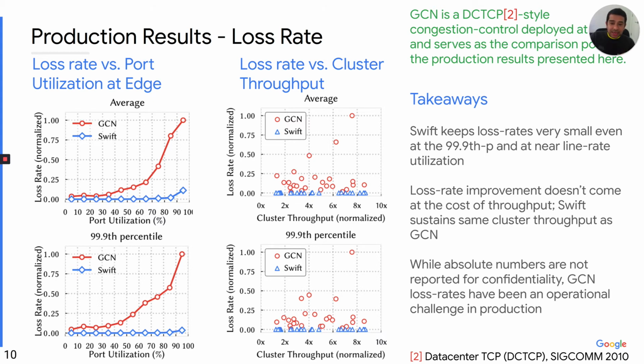As we can see, Swift is able to sustain the same cluster throughput as GCN. And while we have normalized the absolute production numbers for confidentiality, I would like to note that the GCN loss rates have been an operational challenge in production.